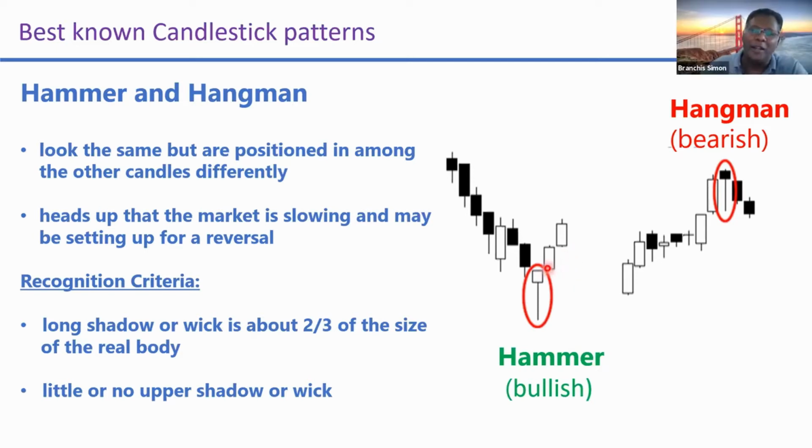So normally what I will do is, the moment I see the candle hammer, I will wait for the next day. If the next day I also see a bullish candle, then I will enter.